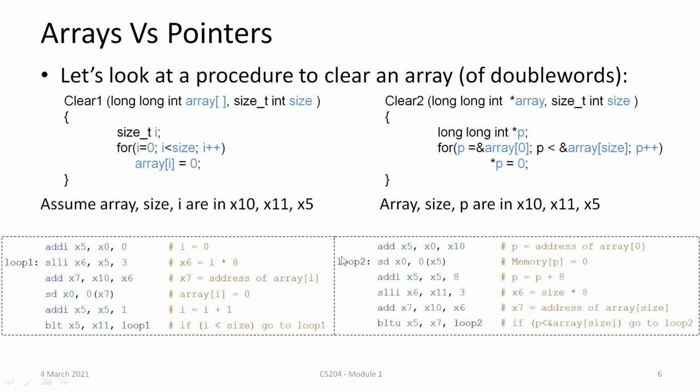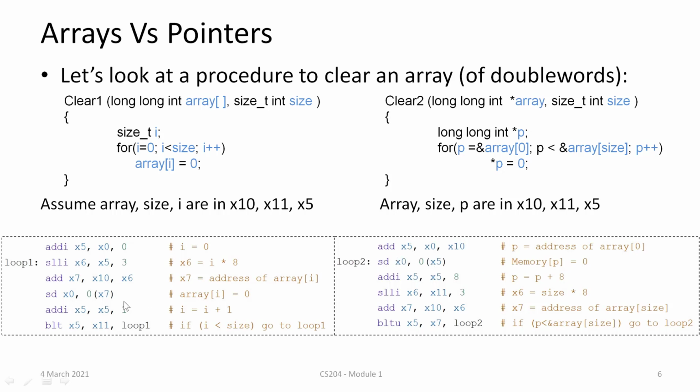So here the very first instruction is that we are taking a copy of the first element of the array in x5, which is the p here, and we are placing 0 into that.